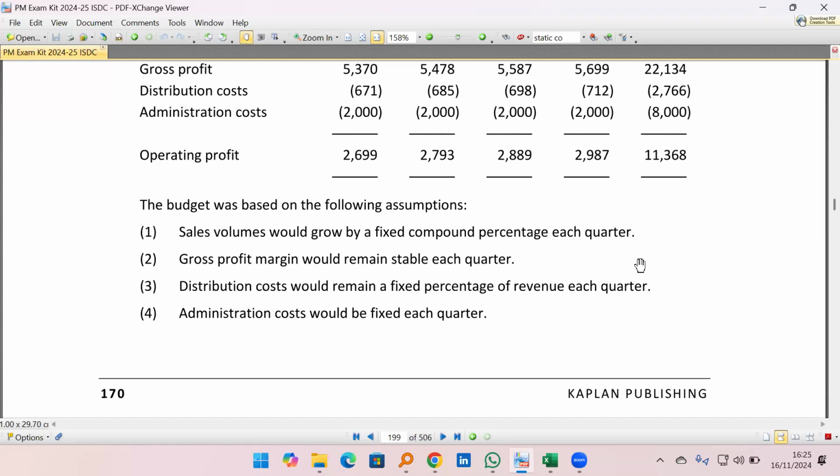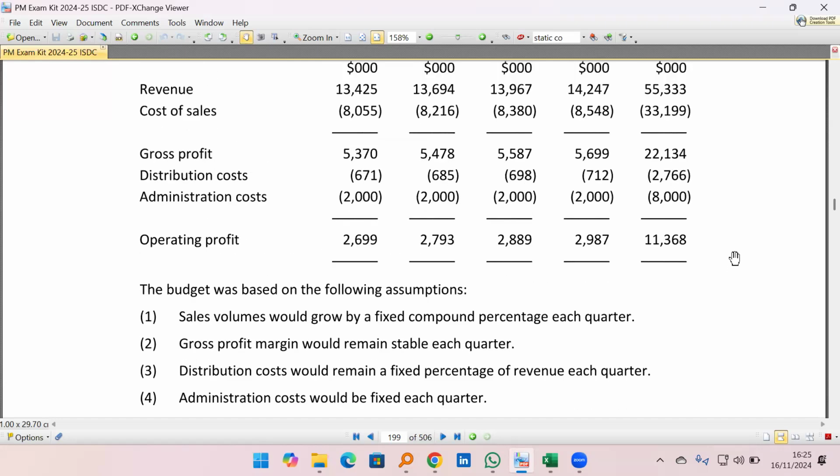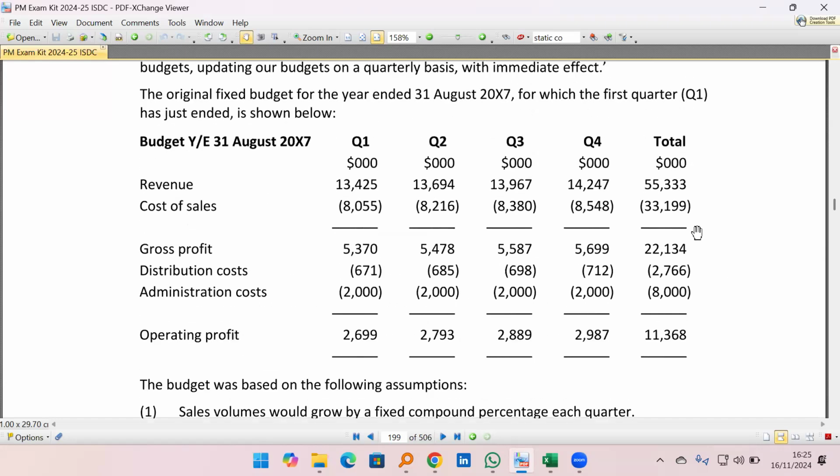So, for us to determine that sales growth that was anticipated, you see we have 14,247, then we have 13,425.